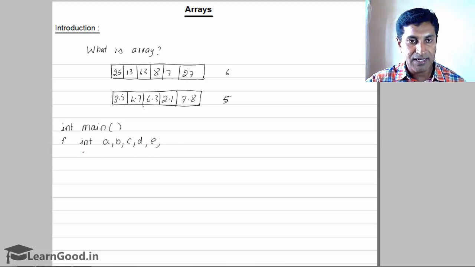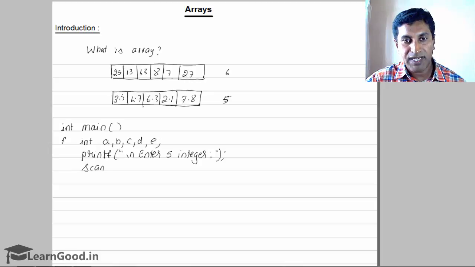Now I'll read those 5 values. We'll display the message to the user, enter 5 integers. For reading each variable we'll take a separate scanf, %d, ampersand of A, so the first value has been read.